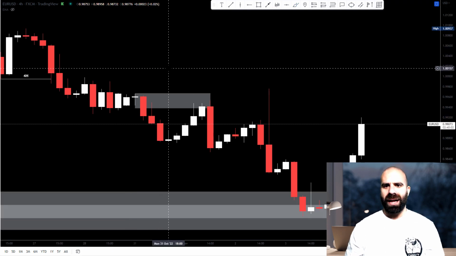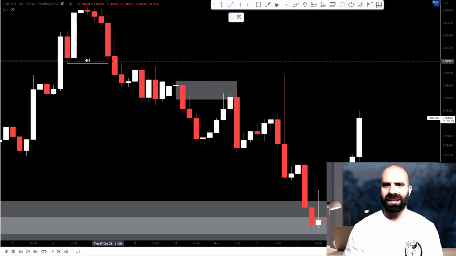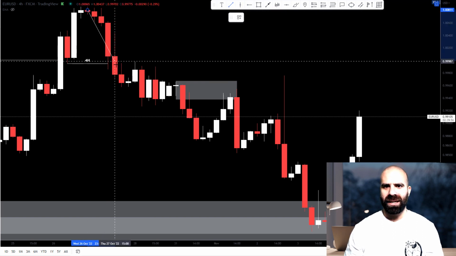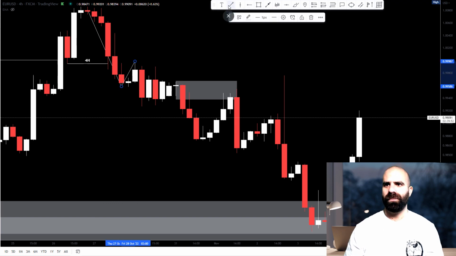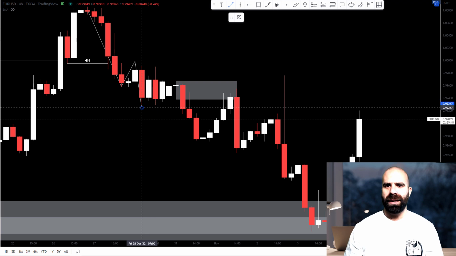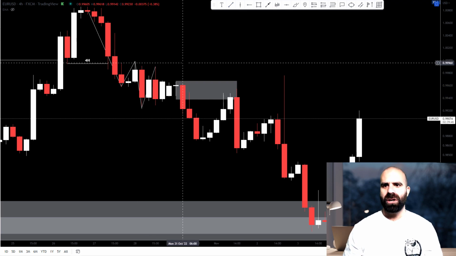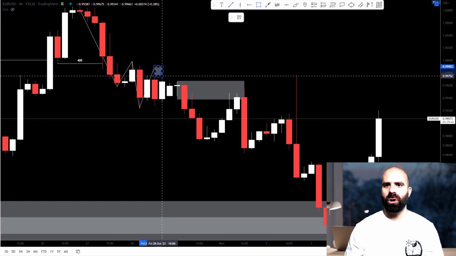If we identify another order block right here, because I showed you how the structure was, from here we came here, and then from here we came right here, then again from here, and then again up. So in this occasion, this is also an order block.